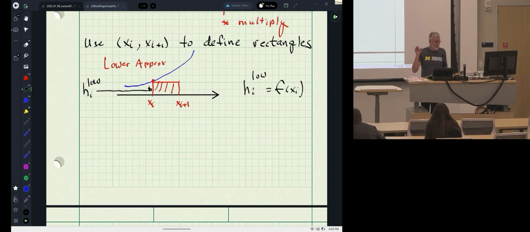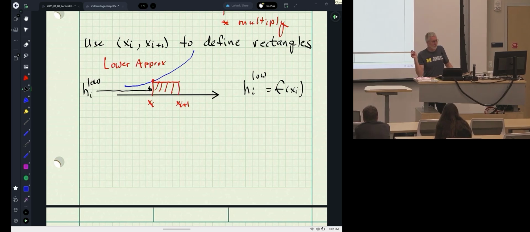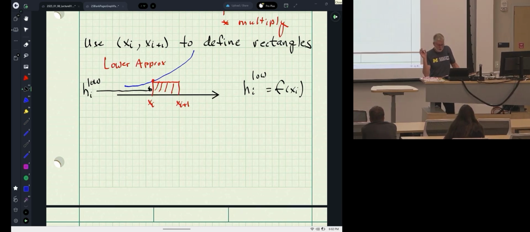And the beautiful thing about a rectangle is everyone in the room knows the area of that rectangle. Width times height, okay? We know the area.